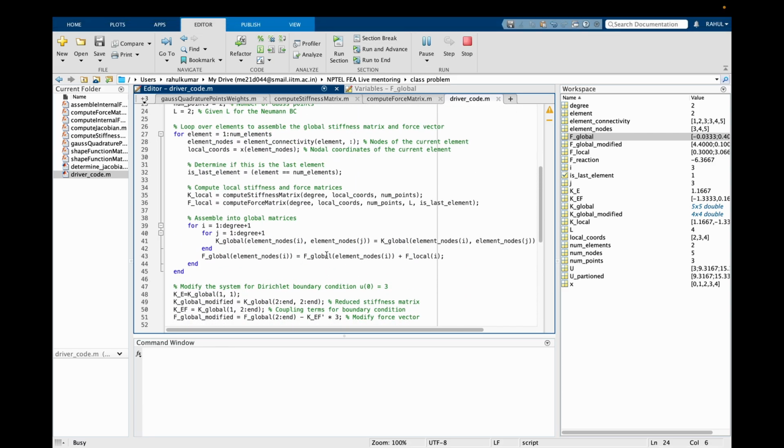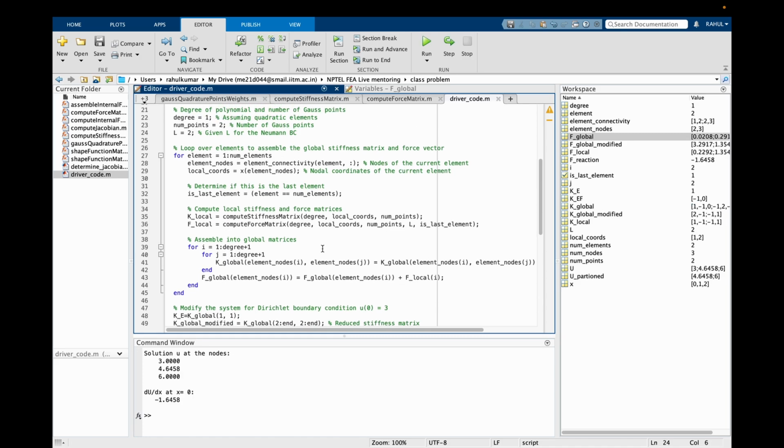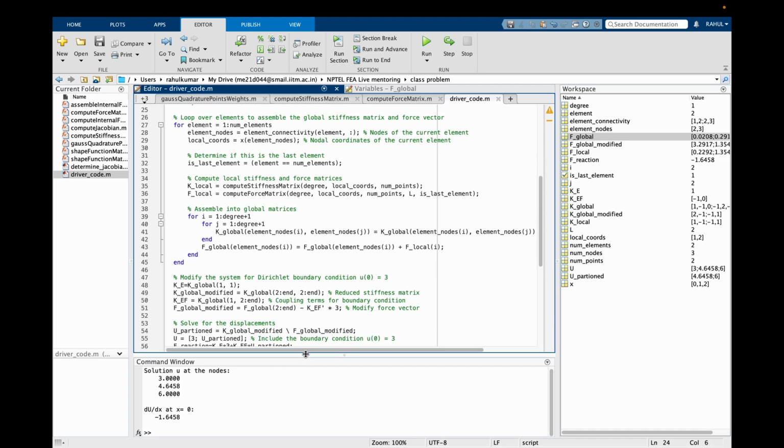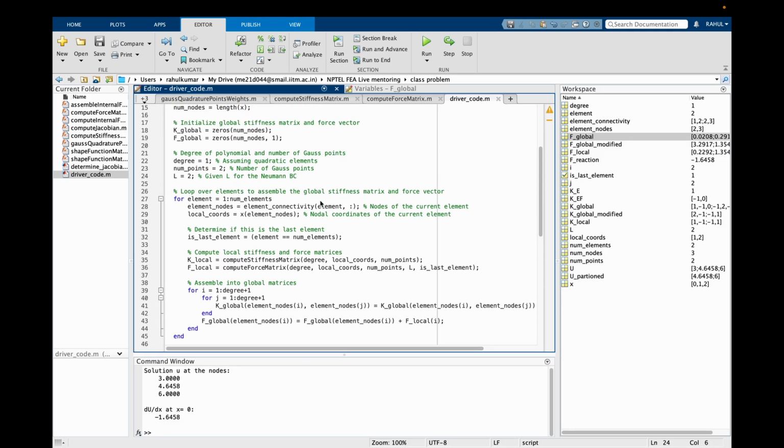Sir, in the code, you have defined degree equal to 1 and num points as node points. If we define the degree equal to 1, can't we get the num points directly from that? Because if degree equal to 1, then we know the node count is 2. Yeah, you can also write degree plus 1.